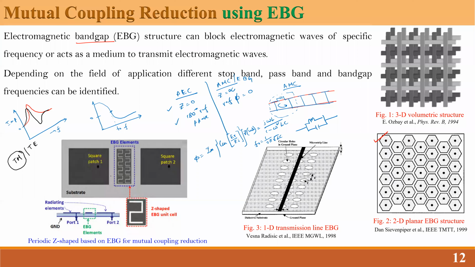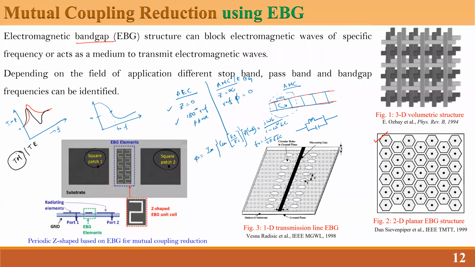We keep on saying surface wave and surface current. What an EBG does, or any kind of high impedance surface does, is help you reduce the surface wave. Now the question is how?